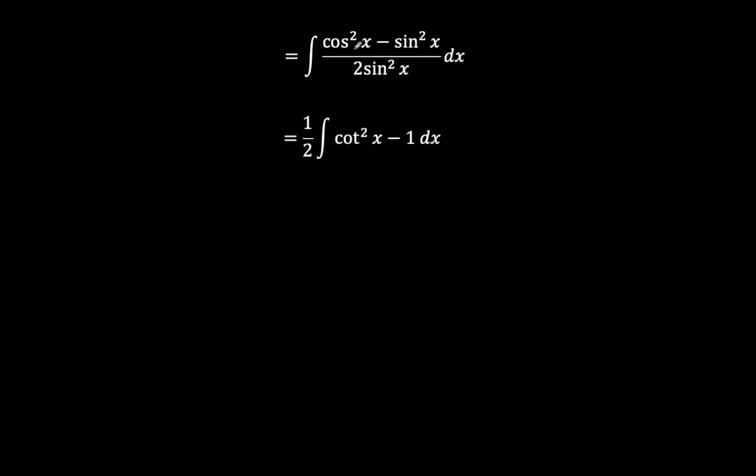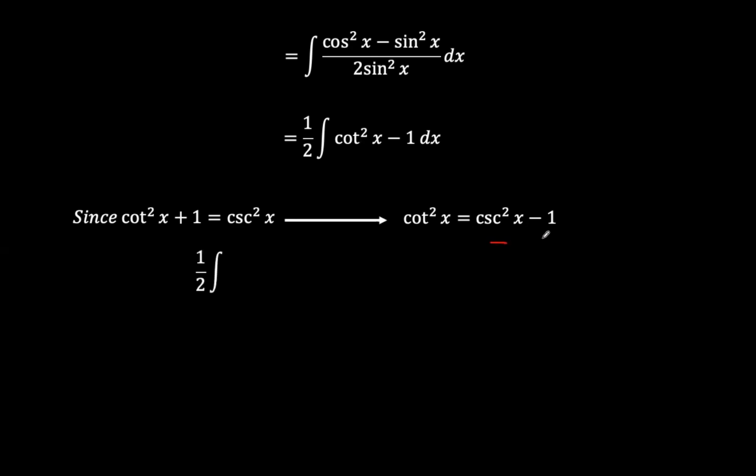So we can pull the half out so that we have the integral of cosine squared x over sine squared x, which is cotangent squared x, and then sine squared x over sine squared x is 1. So this is interesting. We could also now go ahead and say if we have the identity cotangent squared x plus 1 equals cosecant squared x, that means that our integral now could be transformed by substituting cotangent squared x being equal to cosecant squared x minus 1.